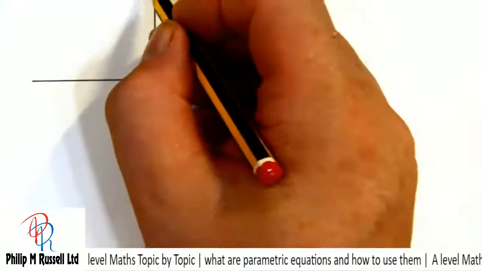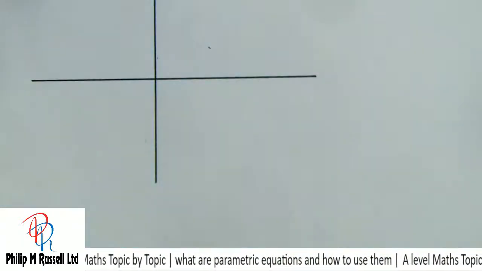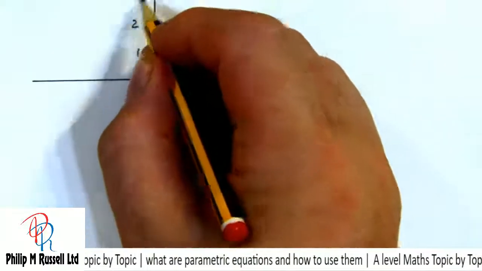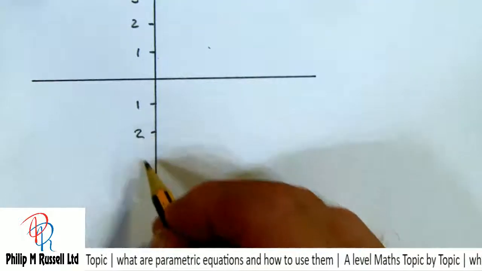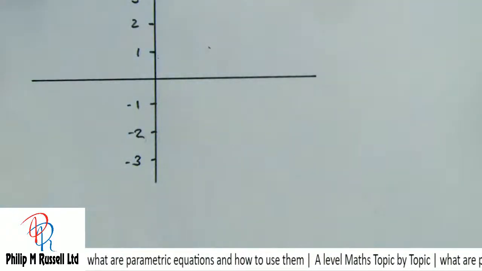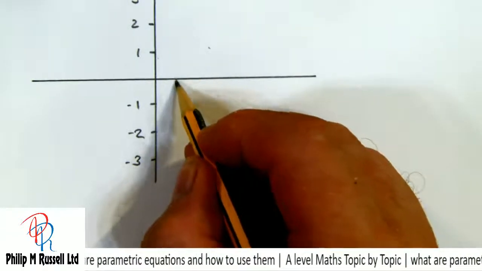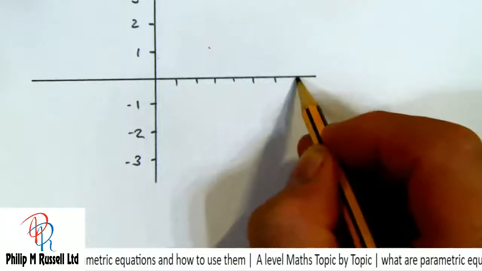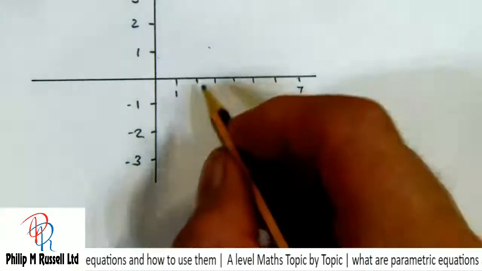We've got our y values, and our y values here are basically going to go up to 2, and they're going to go down there, and then across the values are going to go from about 1 to 7, and I've got 4.